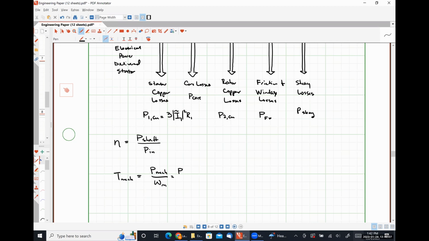Since the mechanical power is nothing but the air gap power times a factor of 1 over S, and the angular velocity of the rotor is nothing more than the synchronous velocity times a factor of 1 over S, this is nothing more than the air gap power divided by the synchronous angular velocity.